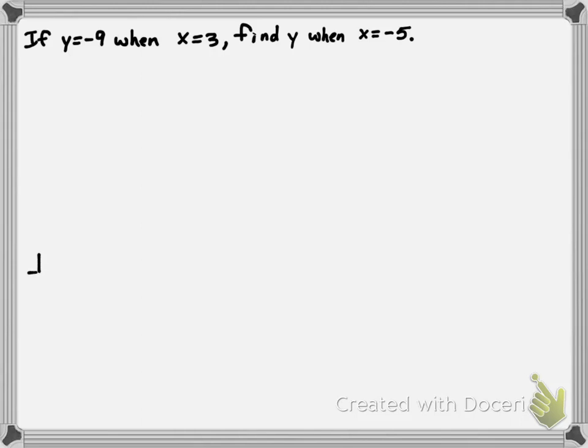Okay, so now 2 quick examples, and then I'll give you your homework. These problems look just like the one that I already went through. The first one says, if y equals -9 when x equals 3, then find y when x equals -5.